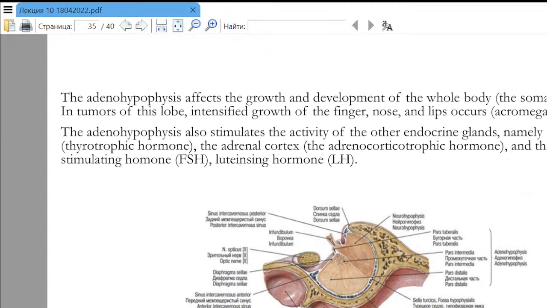The adenohypophysis also stimulates the activity of other endocrine glands, namely the thyroid by thyrotrophic hormone, the adrenal cortex by adrenocorticotropic hormone, and the sex glands by follicle stimulating hormone, FSH, luteinizing hormone, LH, and other hormones.